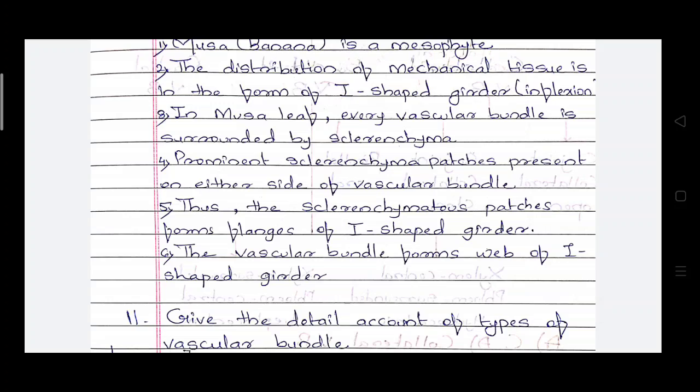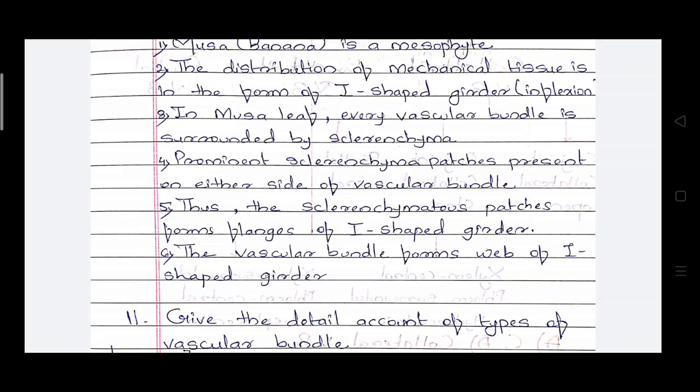These sclerenchyma patches are present on either side of the vascular bundle. Thus, these sclerenchymatous patches form the flanges of the eye-shaped girdles.